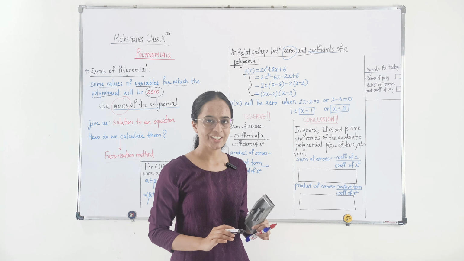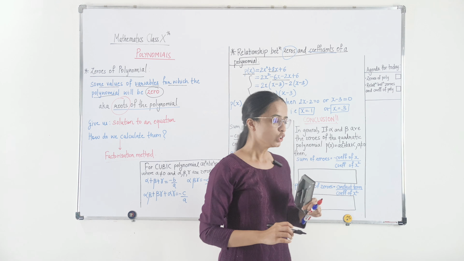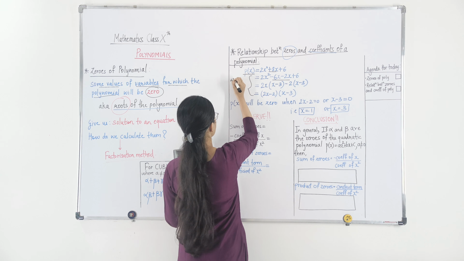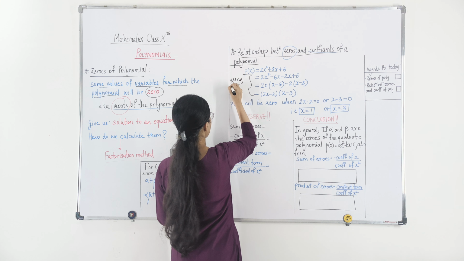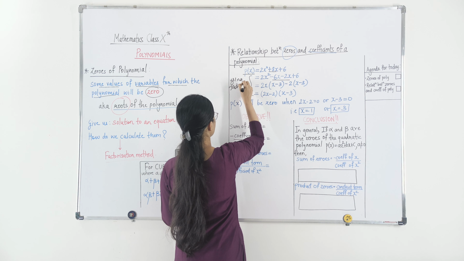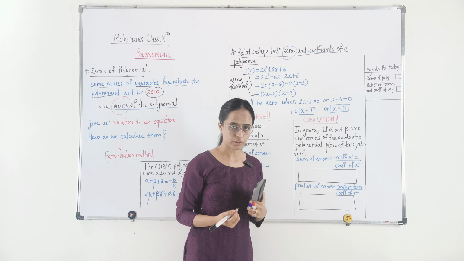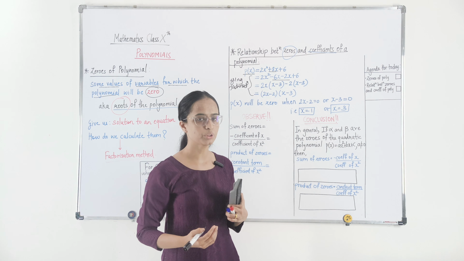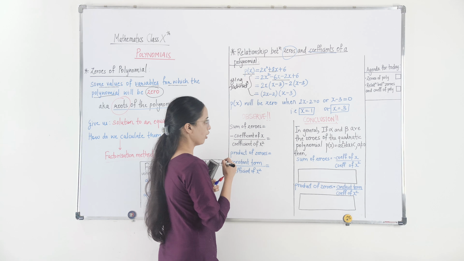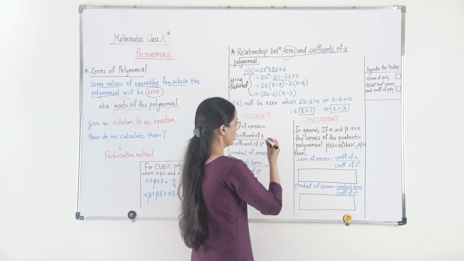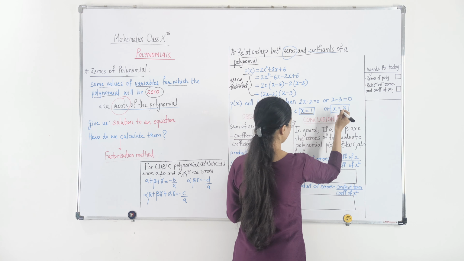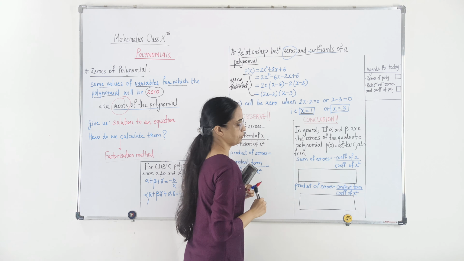The basic factorization method is known to all. So using the factorization method, which is normally used to calculate the roots of a given expression or the solution to an expression, we got the values of x to be 1 and x to be 3.